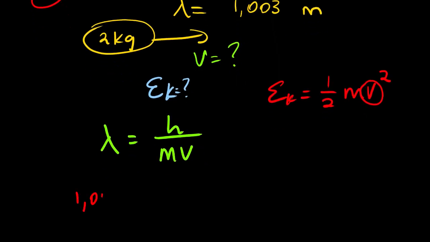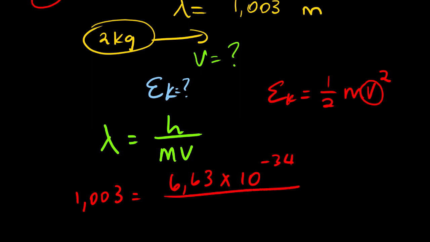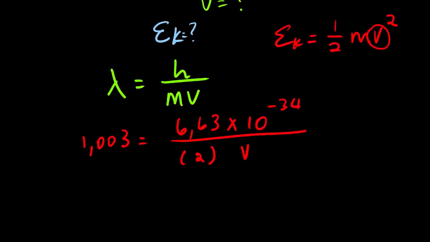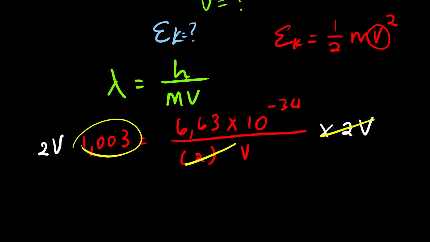So we have 1.003 equals 6.63 times 10 to the power negative 34 divided by the mass, which is 2, and then we're looking for the velocity. We are going to multiply each and every term by the term causing the fraction, which in this case is 2v. Then this will get rid of this. Then we are going to divide by this term.